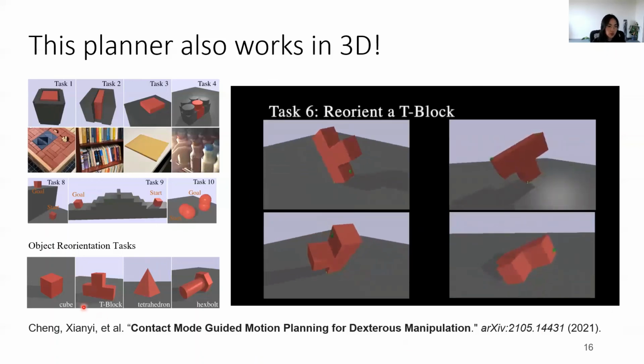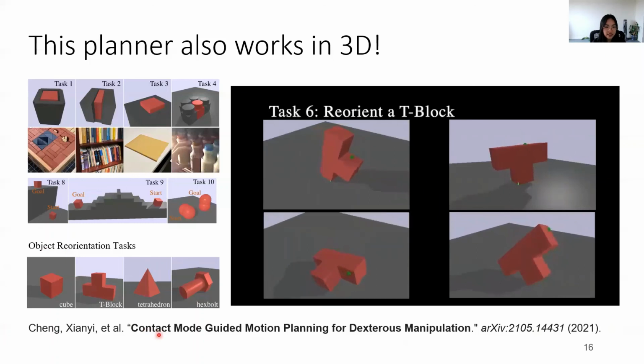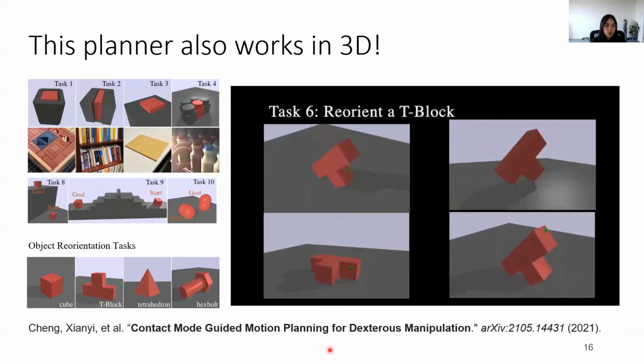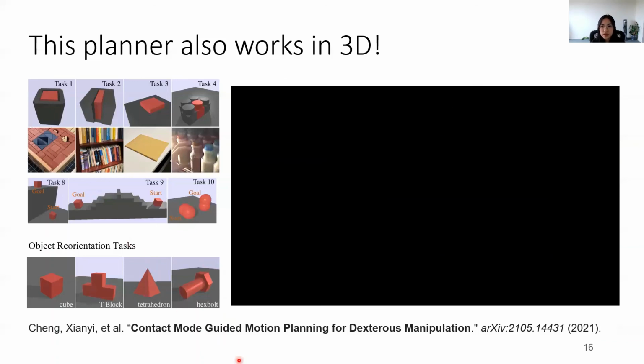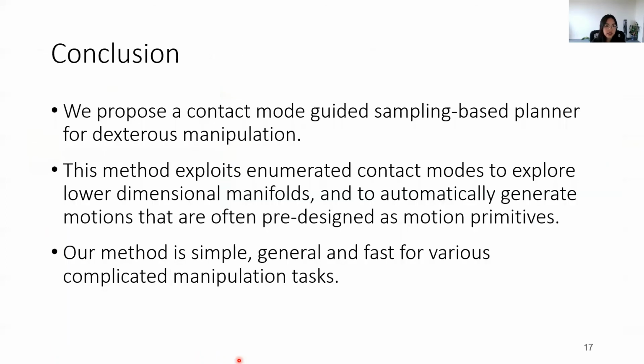It also works well for object reorientation tasks, which it is not specifically designed for. So in conclusion, we propose a contact mode guided sampling-based planner for dexterous manipulation, and our method is simple, general, and fast for various manipulation tasks.